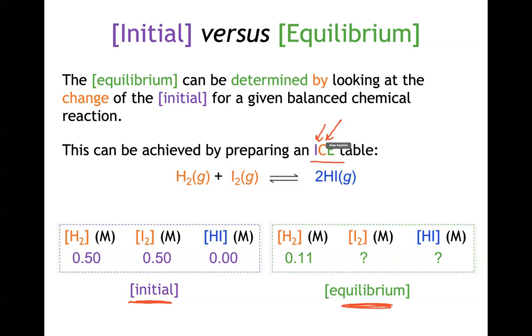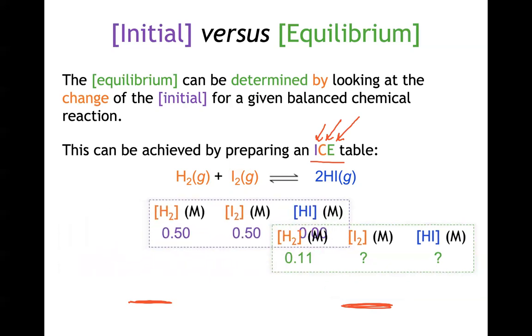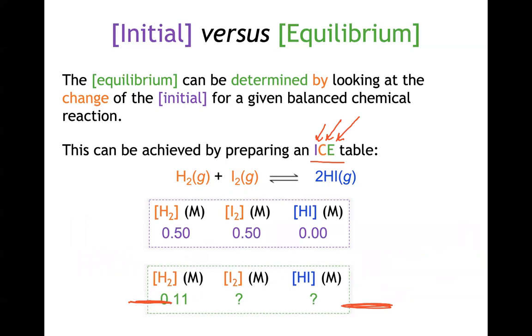Initial, change, equilibrium, ICE, right? So we basically solve it by simply setting it up as an ICE table: initial, change, and equilibrium. This is the initial concentration. This is the concentration at equilibrium.